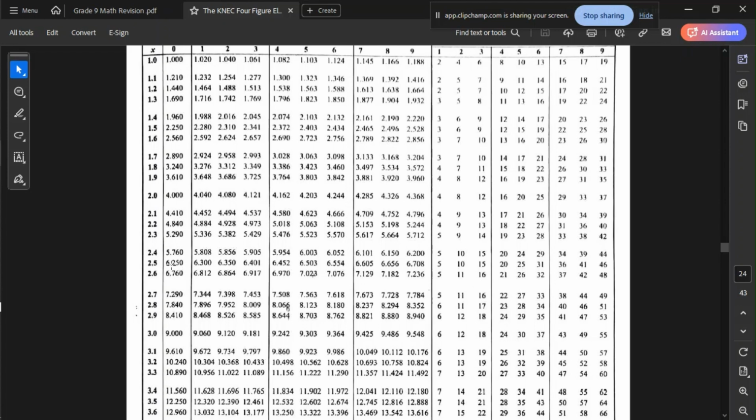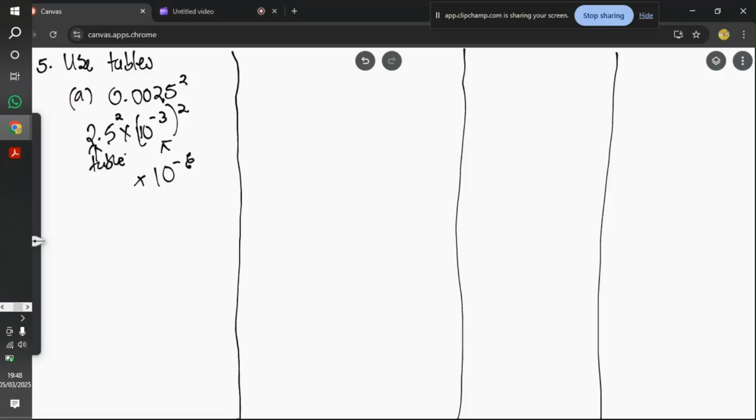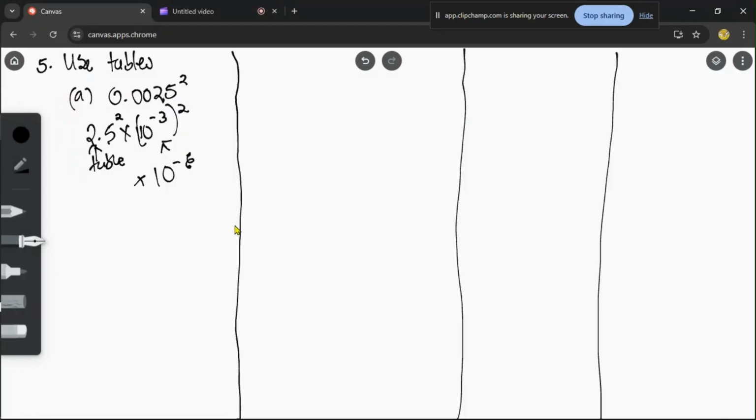So 2.5 squared is 6.250. To complete my working, I'll move the decimal back 6 steps. So I write 6.250, and I move backward 1, 2, 3, 4, 5, 6.